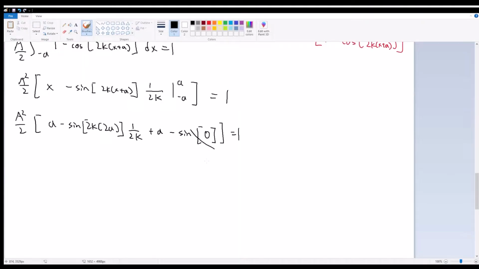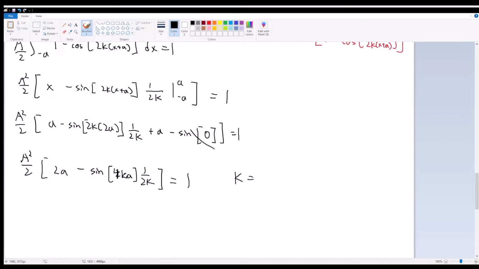Sine of 0 is just 0. Then we get A squared over 2 times 2a minus sine of 4ka, times 1 over 2k, equal to 1.